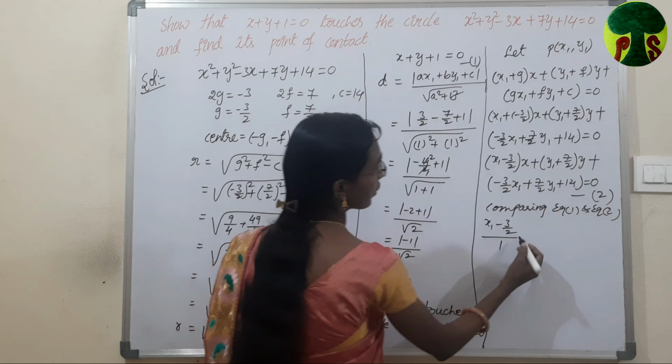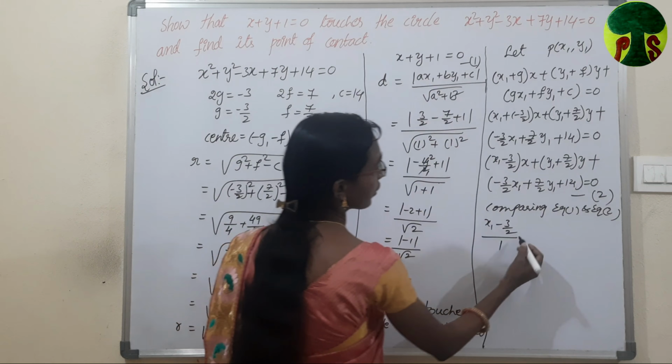That is equals to y1 plus 7 by 2 by the coefficient of y is 1 is equals to here constant term minus 3 by 2 x1 plus 7 by 2 y1 plus 14 divided by 1. Now equating this and this, x1 minus 3 by 2 is equals to minus 3 by 2 x1 plus 7 by 2 y1 plus 14.